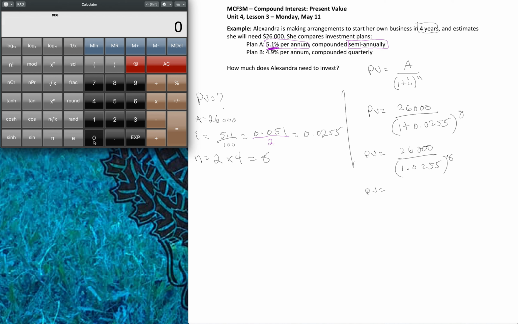Oh, I know what I did. It's not 0, is it? It's 1.0. That's what it is. 1.0255 to the exponent 8. There we go. That's better. So you get 26,000 divided by 1.223.